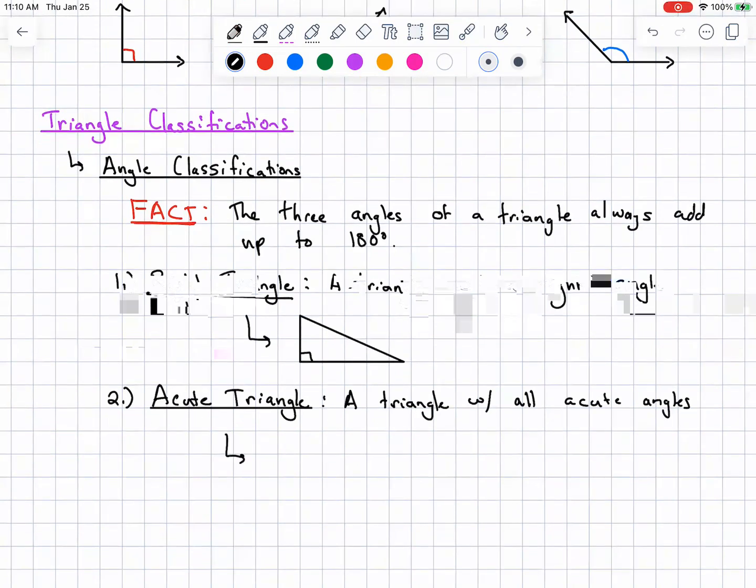So those typically look something like this. So notice that all those angle measurements are less than 90 degrees. All angles are acute.